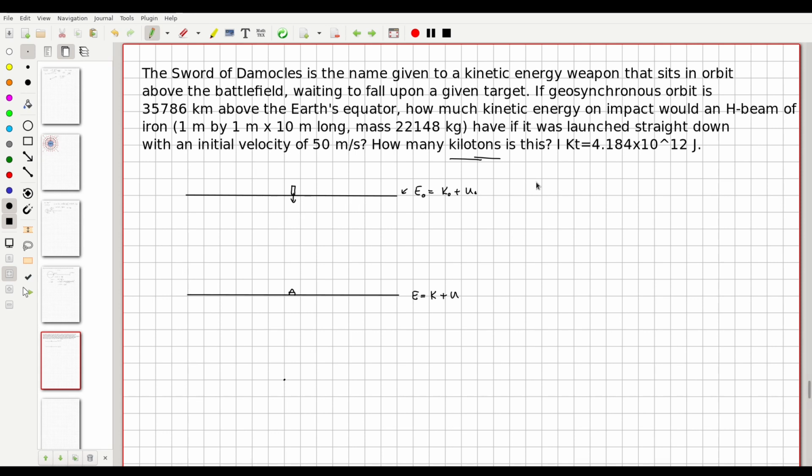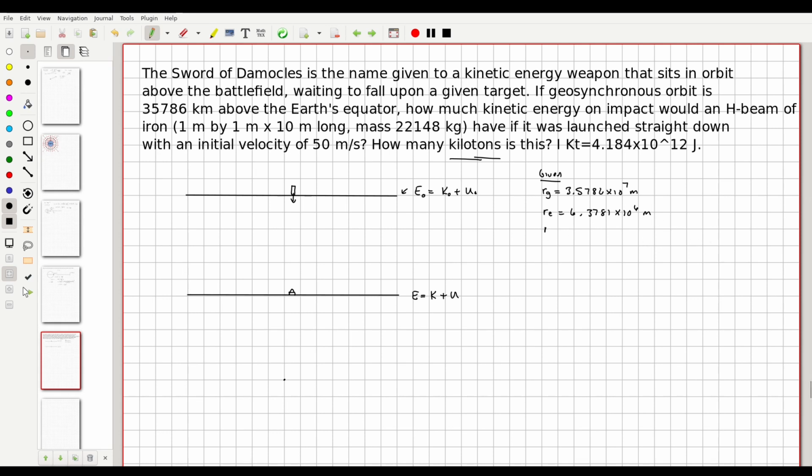Now, let's think about what we've been given here. We're given the distance, which I'm going to call r sub g for geosynchronous, the distance above the ground, which is 3.5786 times 10 to the 7th meters. But we also know that the Earth has a radius, since this sits above the equator, of 6.3781 times 10 to the 6 meters.